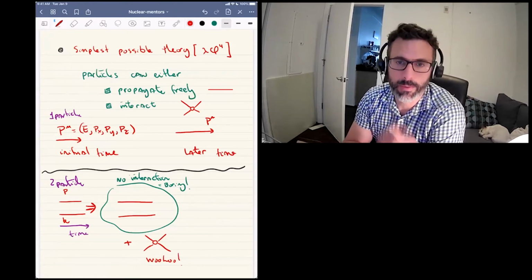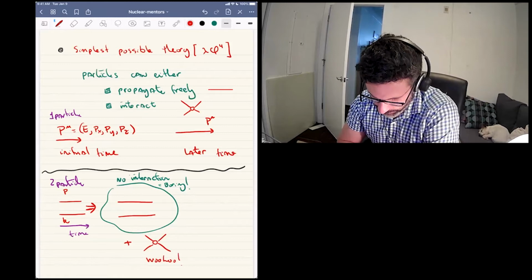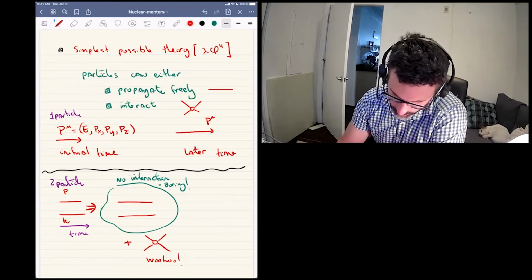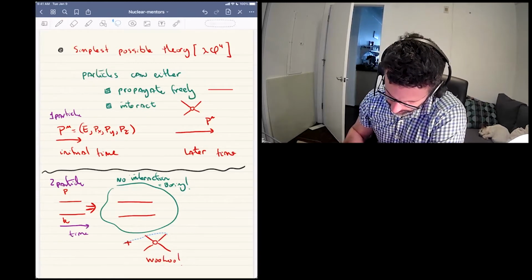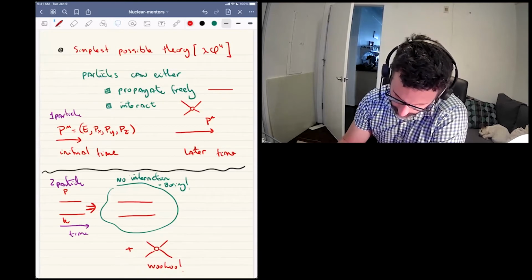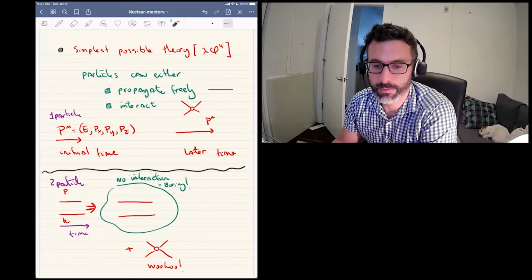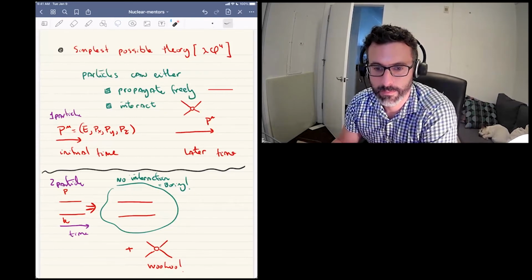So maybe before I ask what else could happen, somebody can tell me what has to happen to the energy and momentum across this vertex? Momentum is conserved.